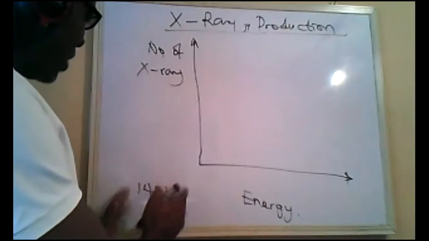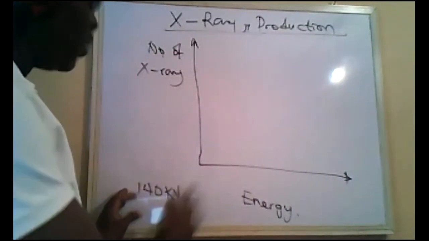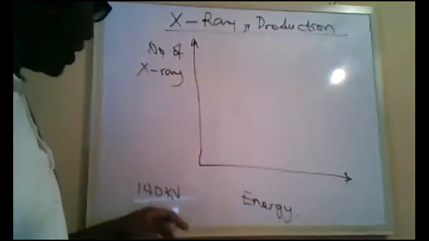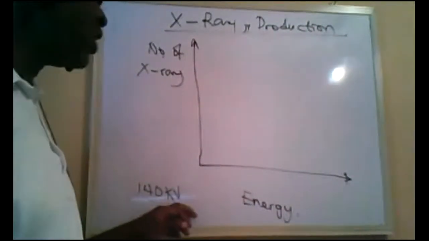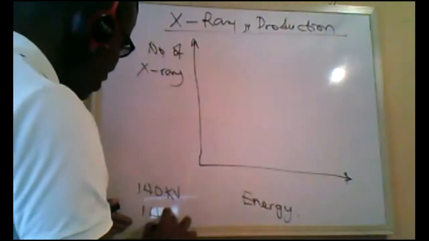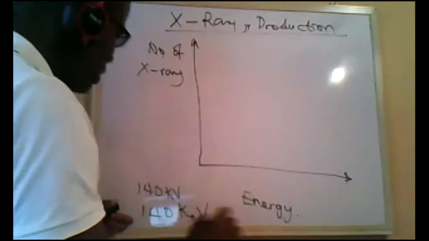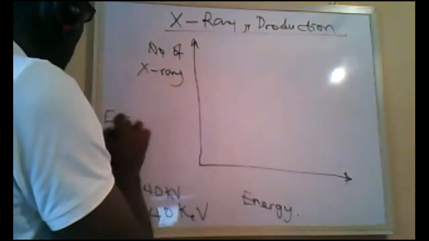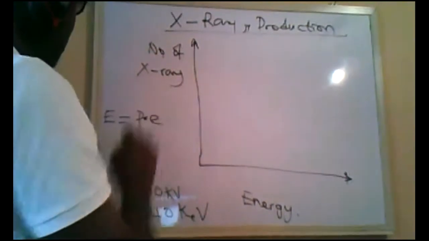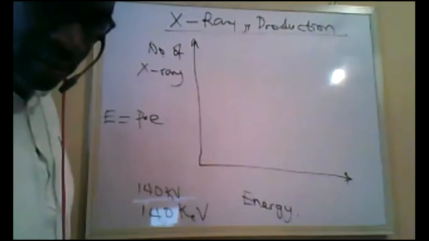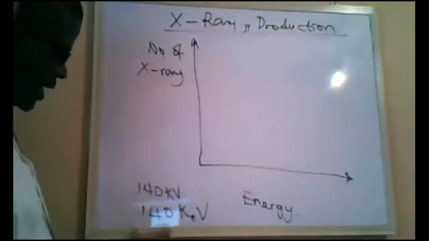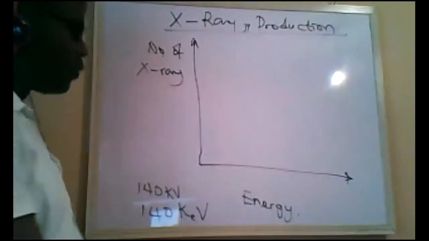Specifically, 140 kV means the kinetic energy of the electrons will be 140 keV, because energy is just the potential multiplied by the charge. So we have the energy of the electron at about 140 keV.